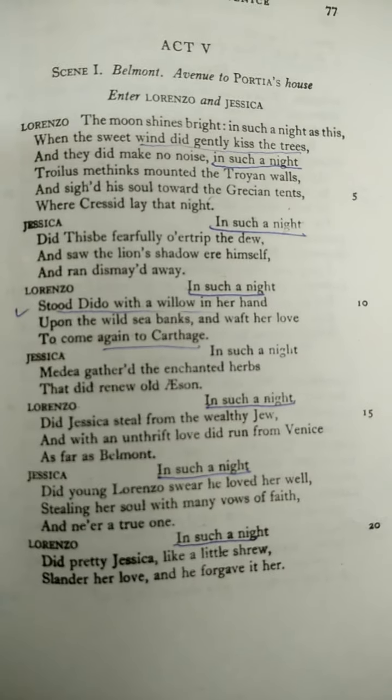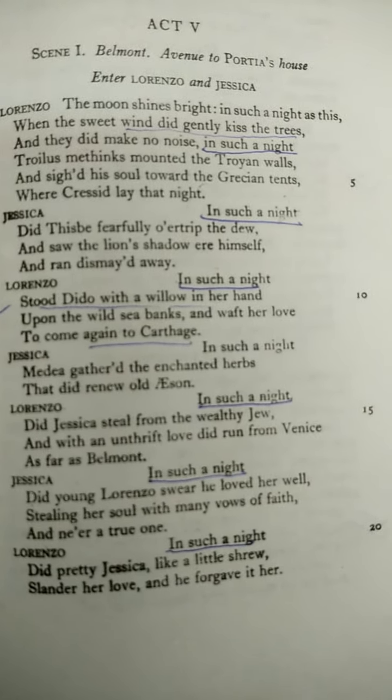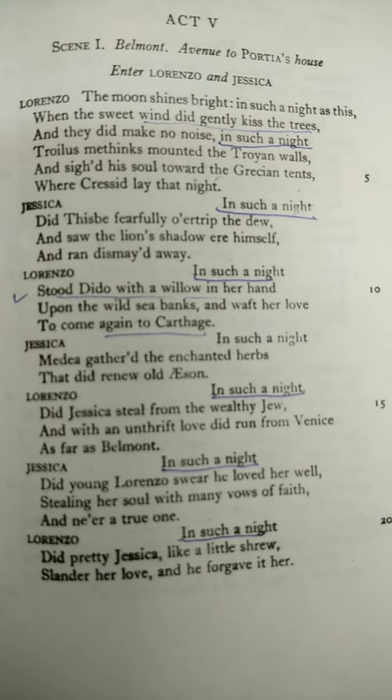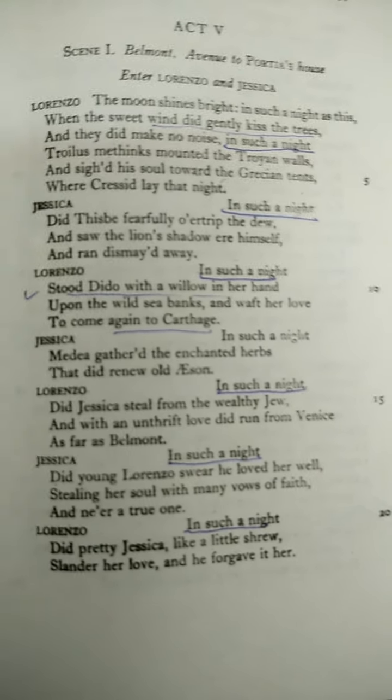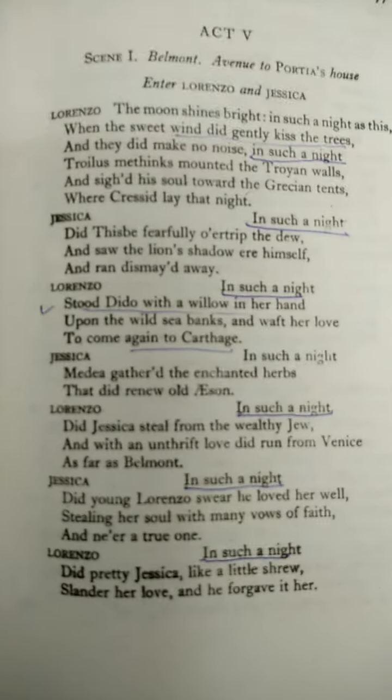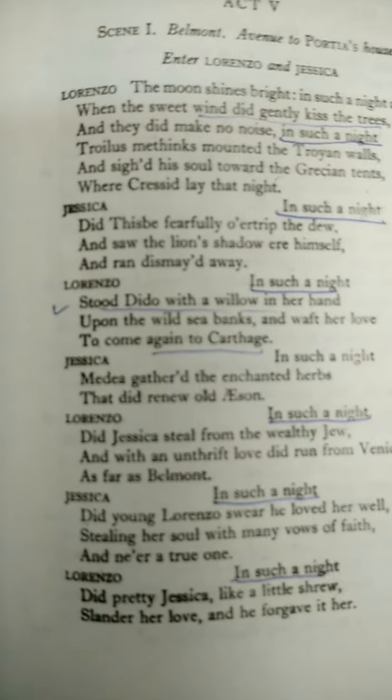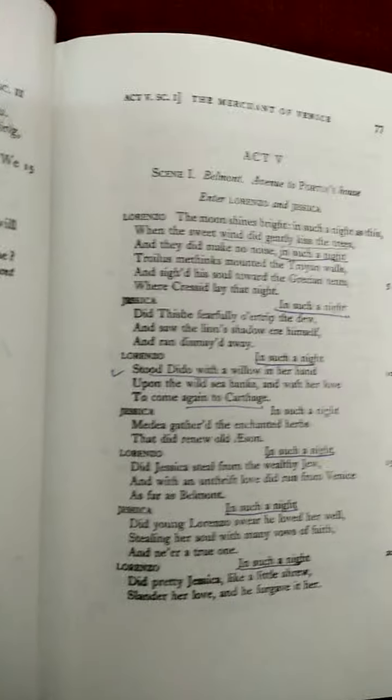Likewise here also, such a tremendous impact of moonlight on the human psyche. And this is exactly the amorous discussion between the two, when Lorenzo talks of such a night.